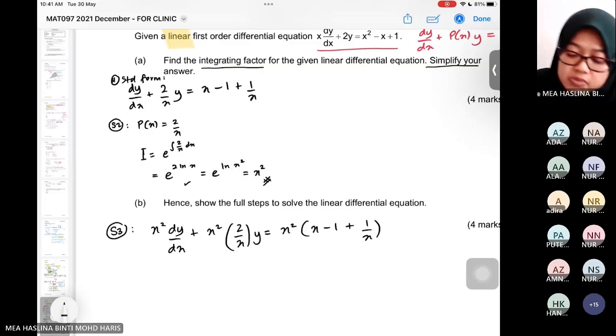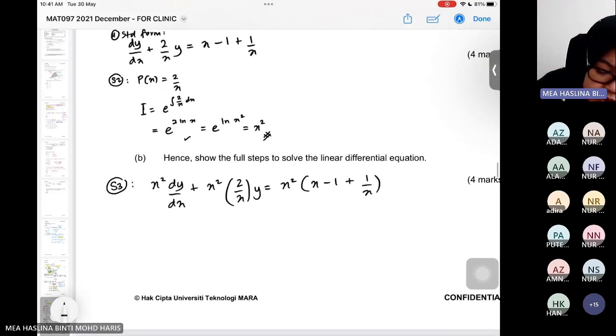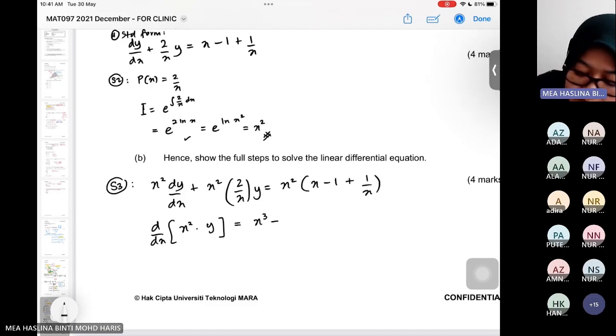Then you will rewrite in exact form, d/dx of the integrating factor x squared multiplied by the dependent variable y, equals, on the right hand side you can simplify, x cubed minus x squared plus x.